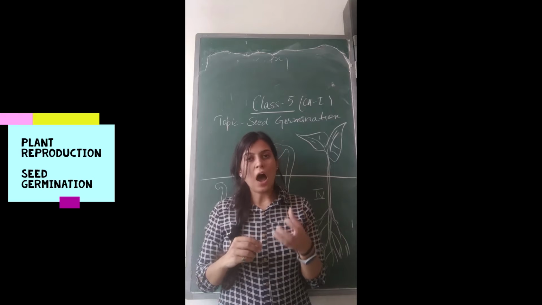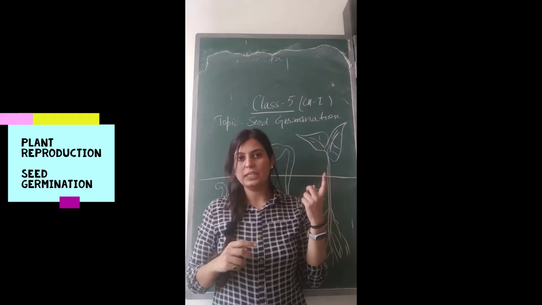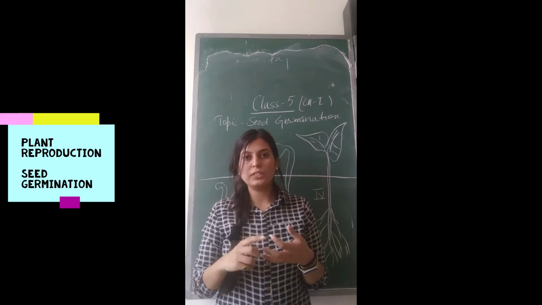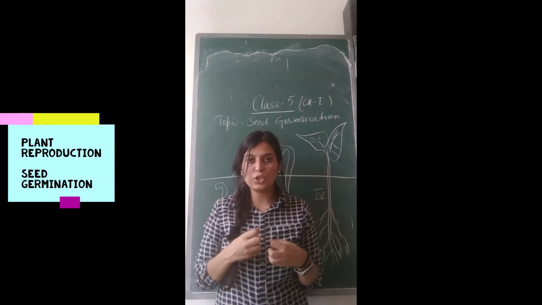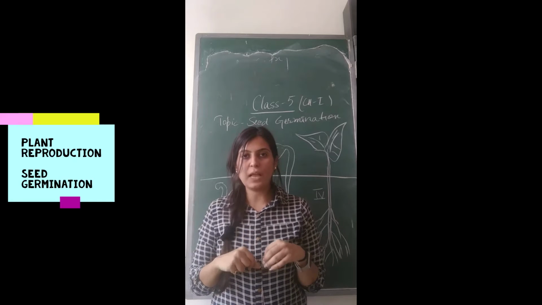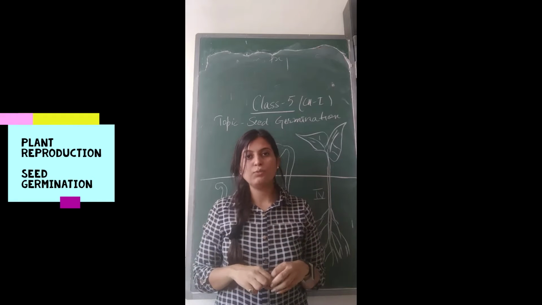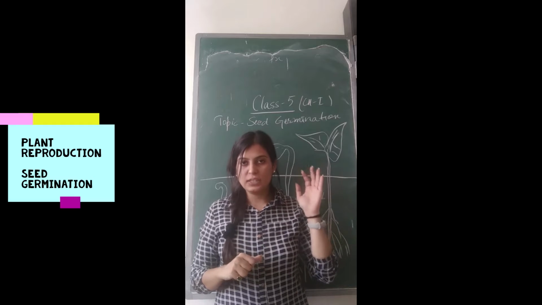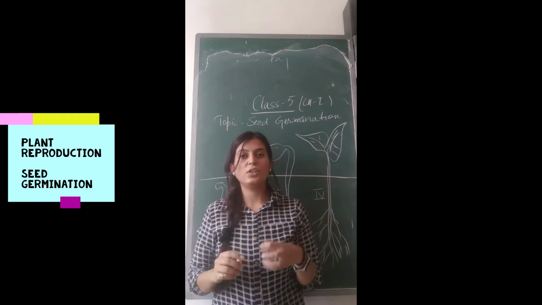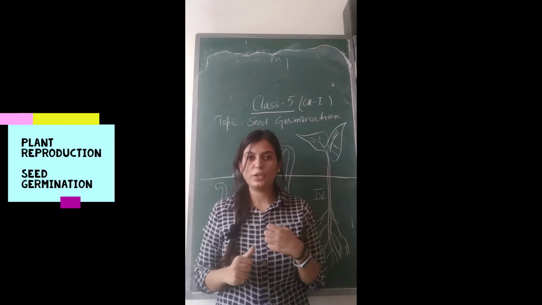But how do these seeds grow into plants? What is the process and what are the essential requirements for the seeds to grow into plants? In this class, we will discuss seed germination, the process, and the essential requirements for seed germination.